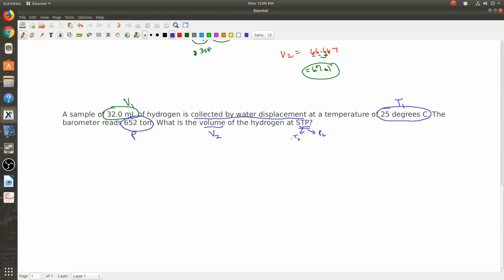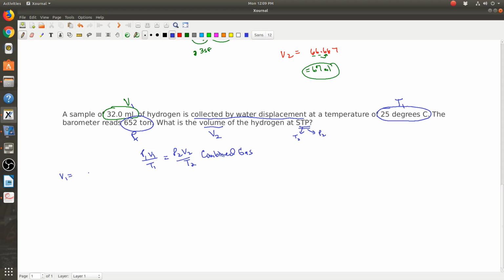T2 is standard. P1, well, this is actually the P total, but P2. So we have 2 V's, 2 P's, and 2 T's. So that has to be P1 V1 over T1 is P2 V2 over T2. I have to use the combined gas law. But that's not all. Right, so let's list everything.